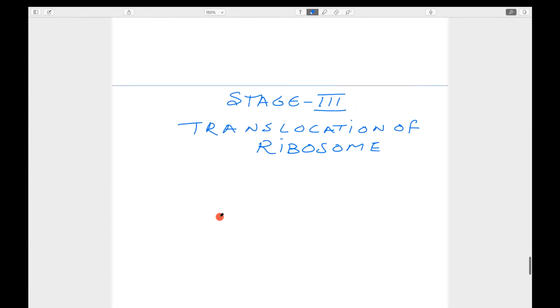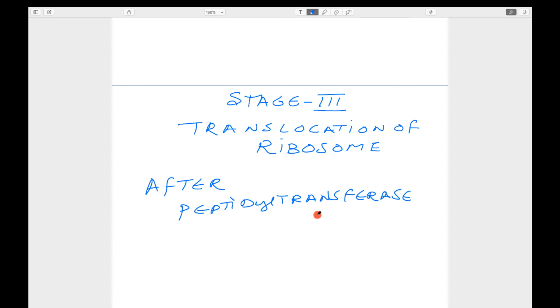What happens? Two enzyme reactions are taking place. What are those enzyme reactions? Peptidyl transferase and deacylase reactions.